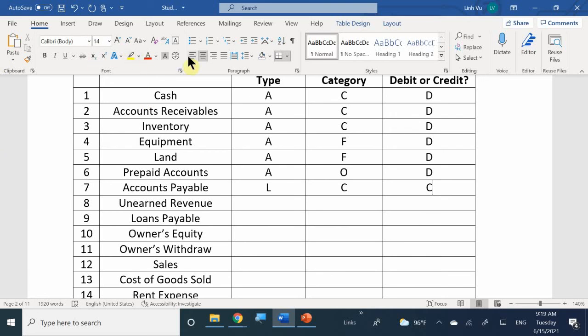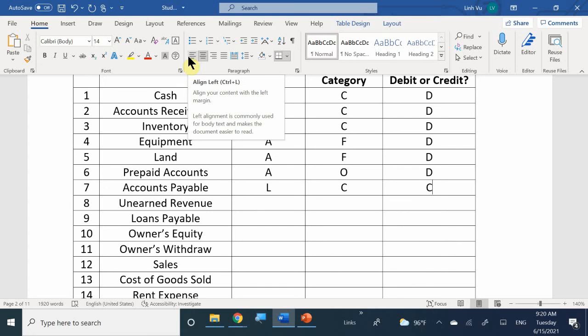So a customer has paid you in advance for a service. Is that an expense? If a customer paid you in advance for a service, how can you apply that as an expense for the business? You haven't provided the service yet.